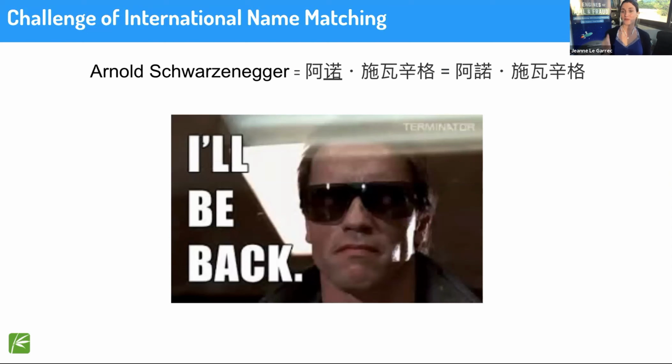Now, let's say you've stored his name in traditional Chinese or in simplified Chinese. You want to be able to match all these different variations of the same person, of the same name. So to conclude that part, finding names is a different process, and you need to have the right sophisticated tools to do that.